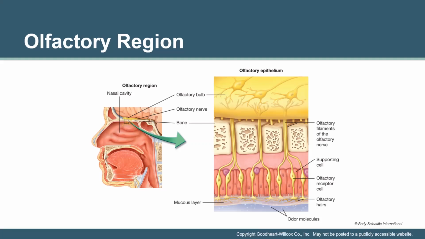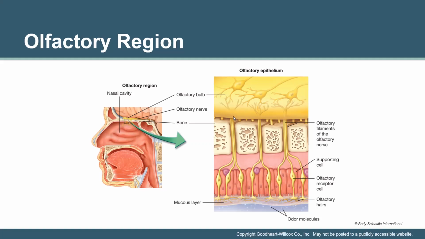The receptor cells are neurons that, like we learned about, and they'll have olfactory hairs. If you look at this picture, you can kind of see how this works. Here we have the olfactory bulb, okay, cranial nerve.